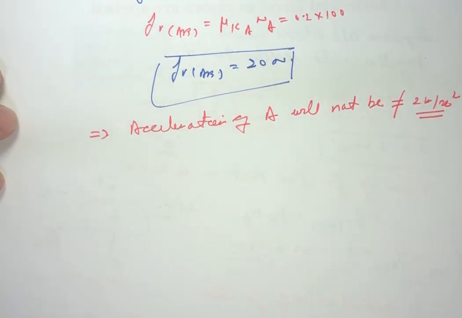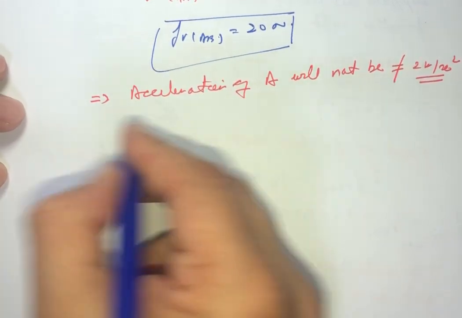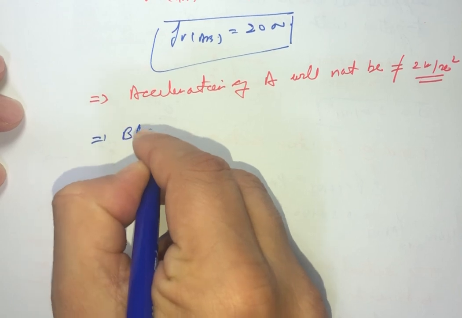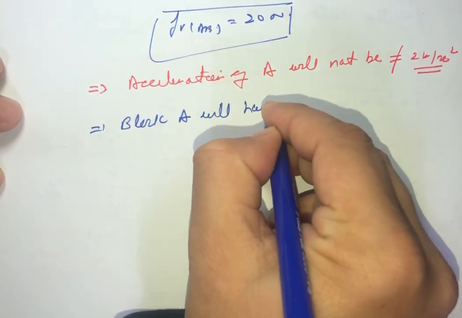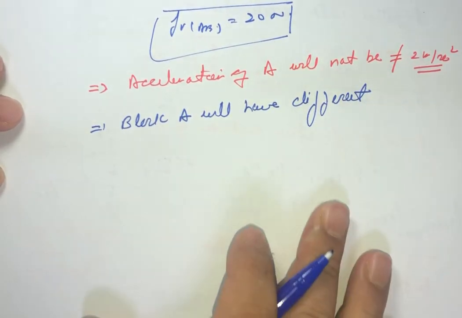It means it will be different from this value. So block A will have a different acceleration.